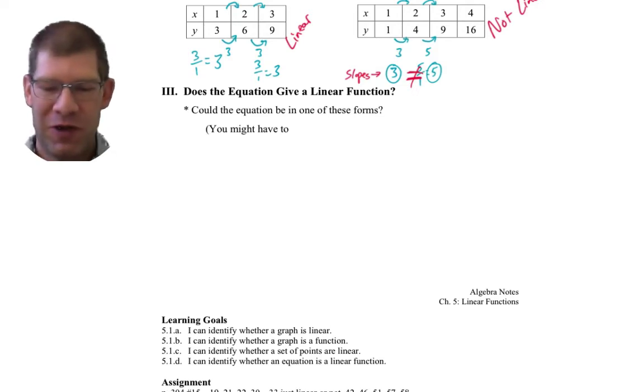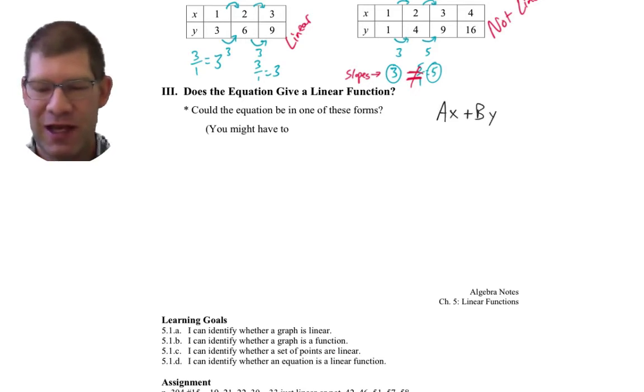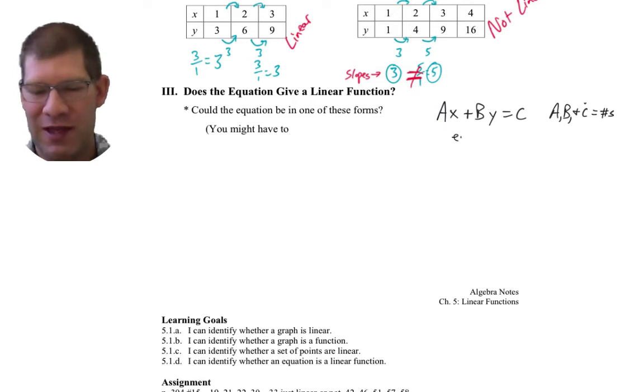So could the equation be one of these two forms? One way to look at it is the two most popular line equations. The first is ax plus by equals c, and a, b, and c are numbers. An example would be 5x minus 3y equals 17.